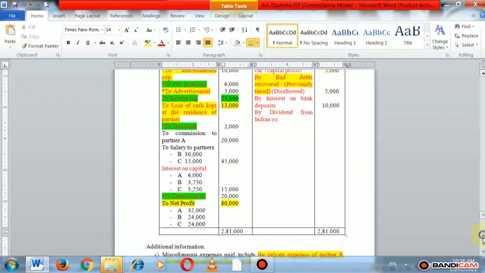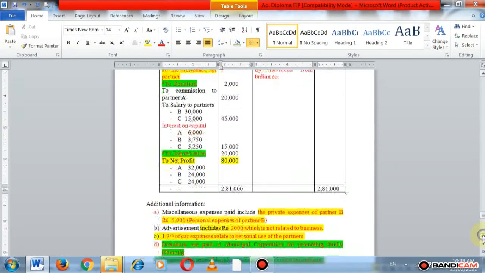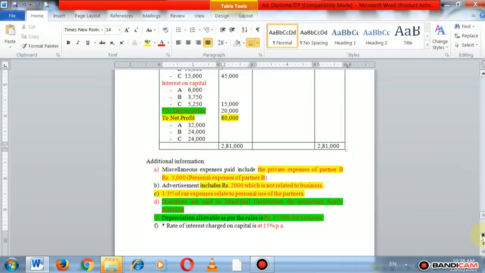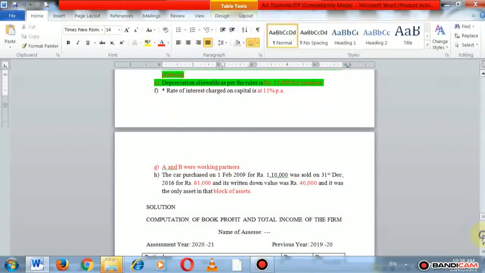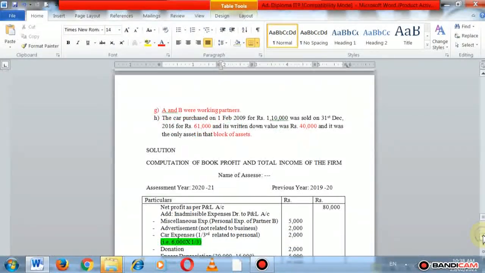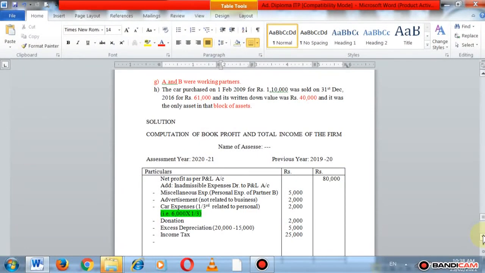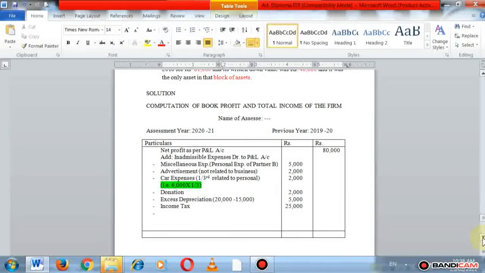It is the partner's responsibility to keep cash safely. So it is a loss due to the partner's irresponsibility. Okay, so it is not the firm's loss.